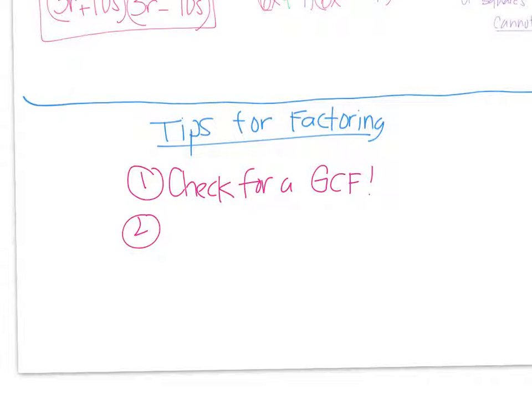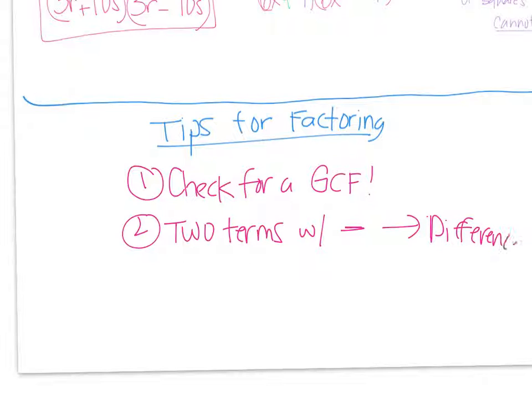If we have 2 terms with a subtraction, that's the difference of squares that we just talked about. And we should say perfect squares too. It can't just be any 2 terms. It has to be a difference of perfect squares.